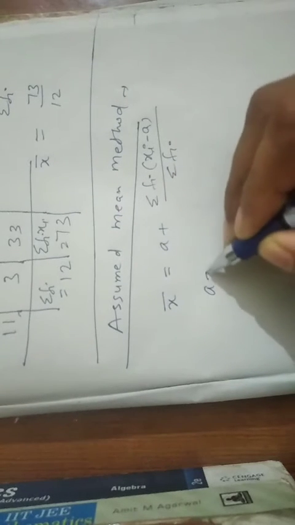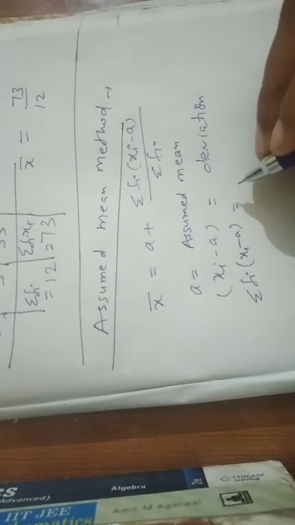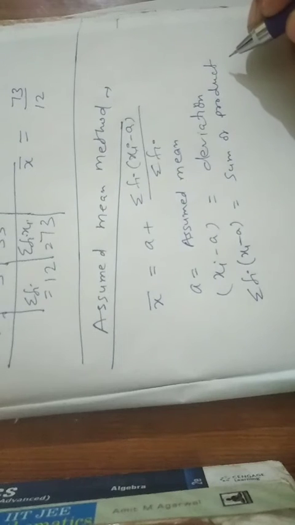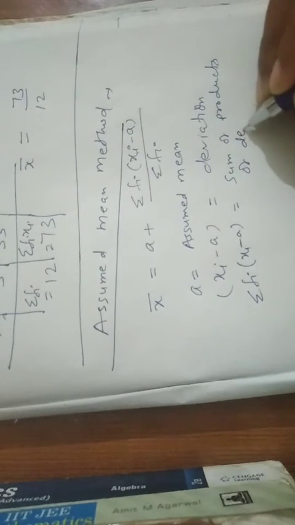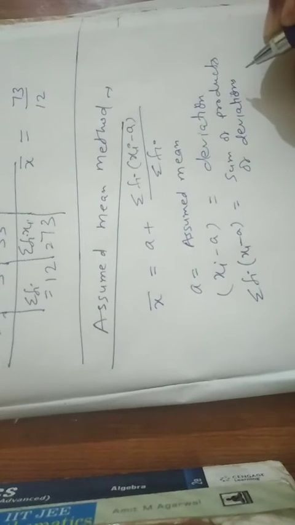Here dear students, a stands for the assumed mean, which is a value from the xi's, and xi minus a stands for the deviation, and sigma fi (xi minus a) stands for the sum of products of deviations and their corresponding frequencies.